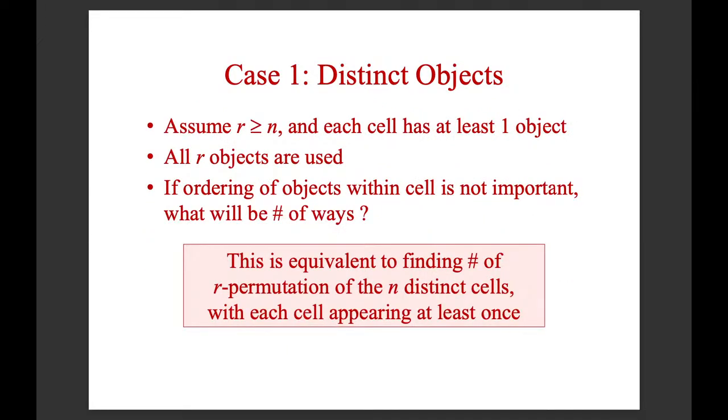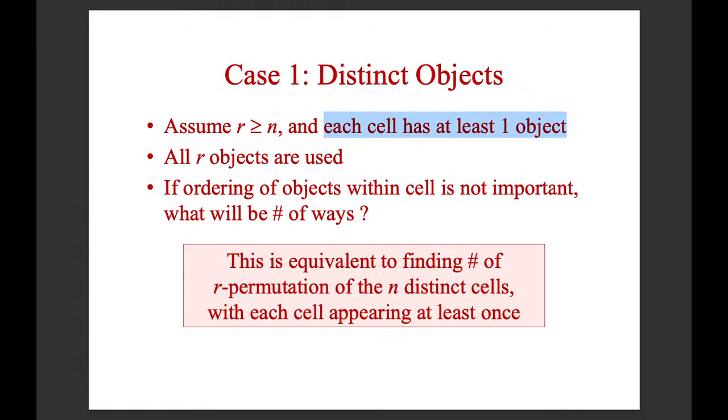Now another case. This time, suppose that we have more objects than cells, and each cell is still distinct, but we have a restriction. Each cell must contain at least one object, and all the objects have to be used. Again, assuming that the ordering doesn't matter, how many ways are there to put them?